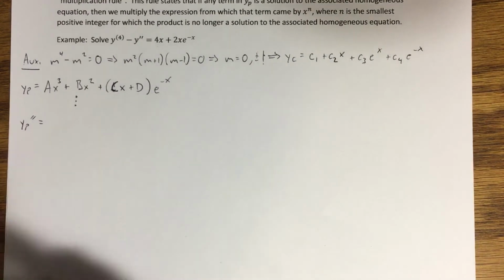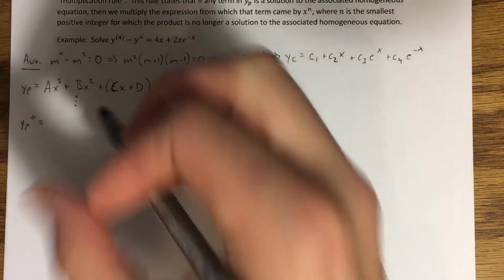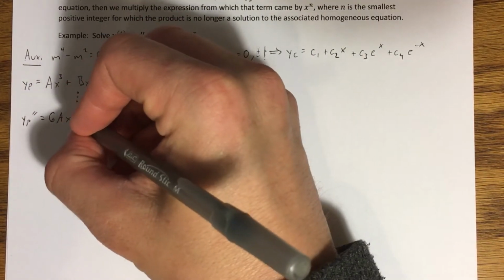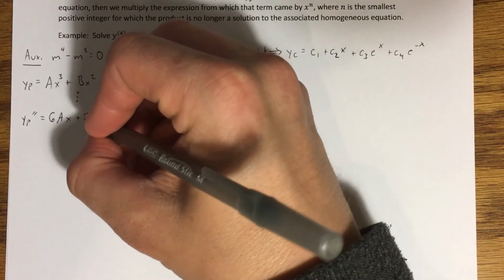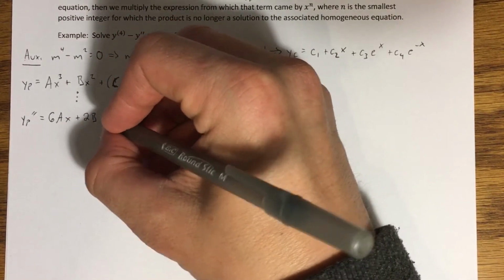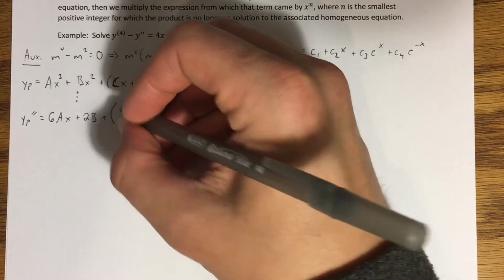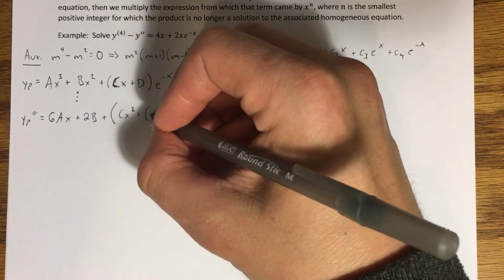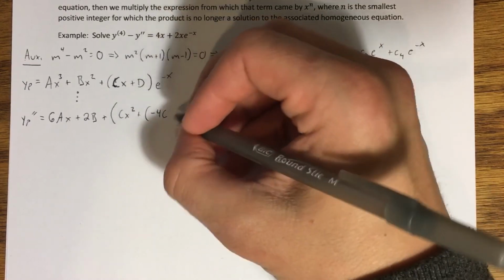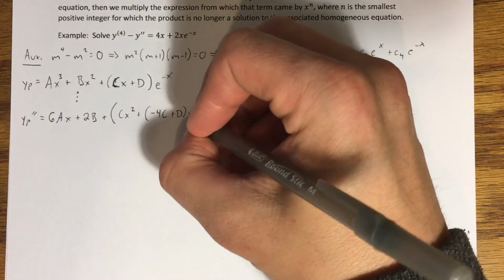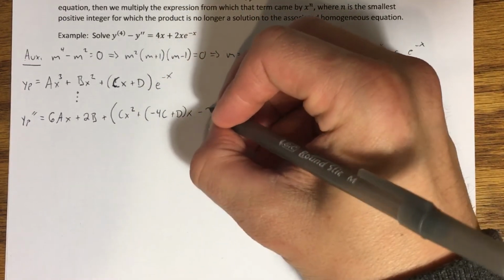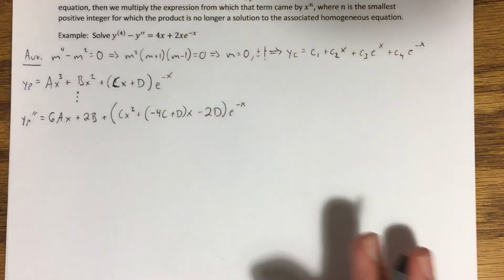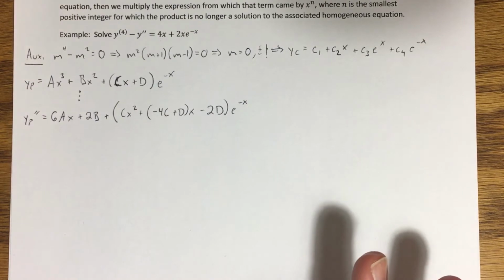The 2nd derivative, after simplifying everything on my scratch work over there, is going to look like 6ax plus 2b plus, with parentheses here, cx squared plus negative 4c plus d, x minus 2d, times e to the negative x. And that's after simplifying, right?